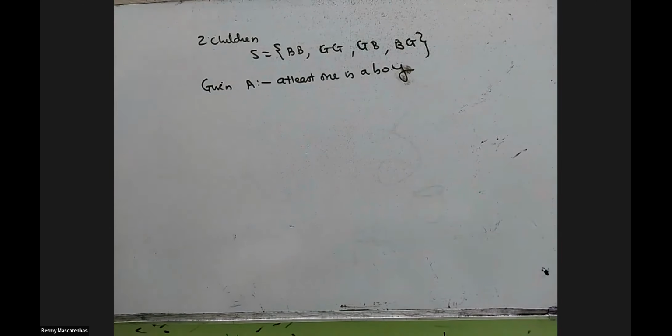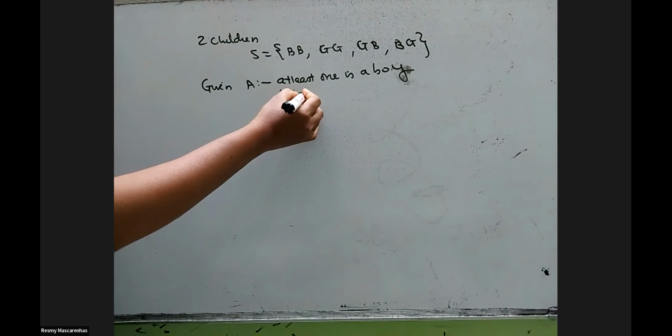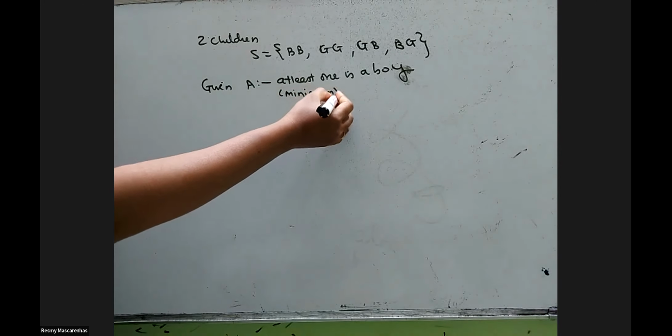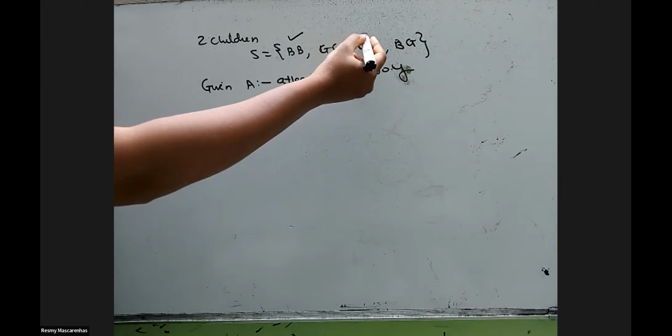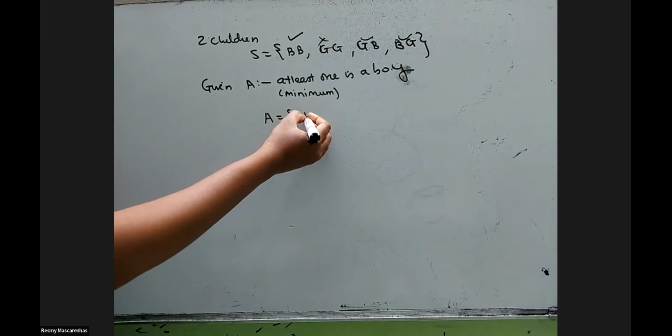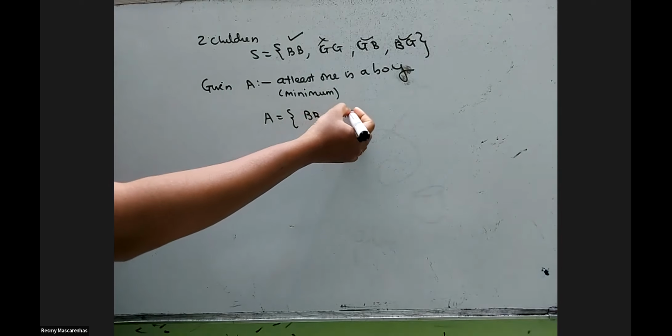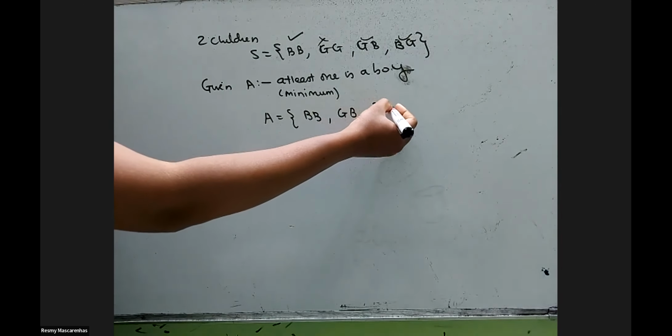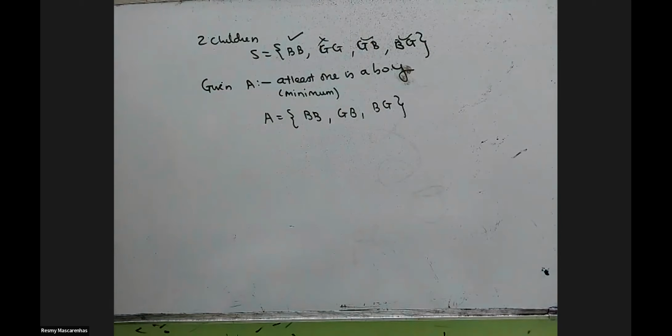Now look in the sample space and check where at least means minimum one should be a boy. There is one boy here, there is one boy here, this you cannot take. So A is these possibilities. Find the probability.